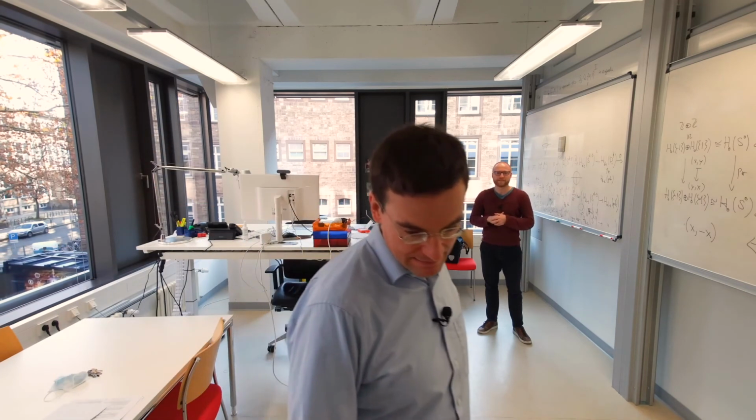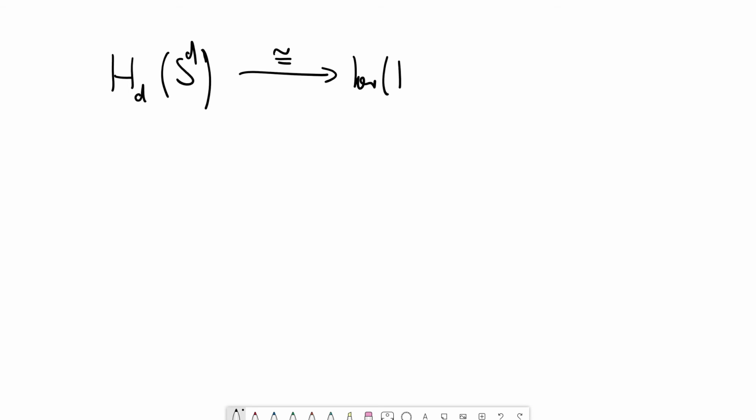So let's look at the diagram. We have this isomorphism from HD of SD to this kernel. Let me write it again.